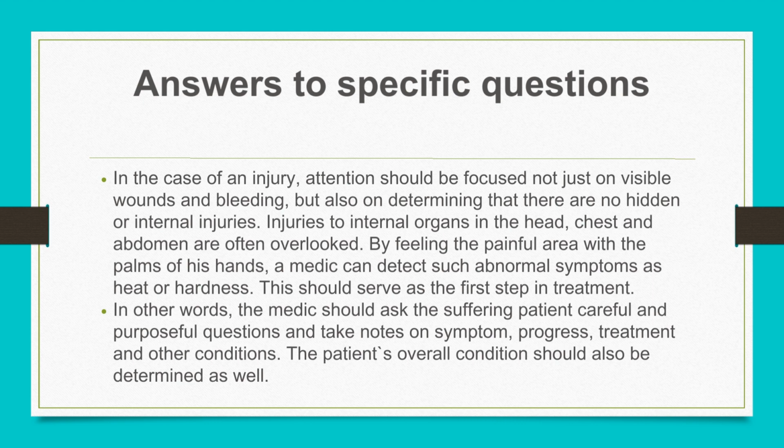This should serve as the first step in treatment. In other words, the medic should ask the suffering patient careful and purposeful questions and take note of symptoms, progress, treatment, and other conditions. The patient's overall condition should also be determined as well.